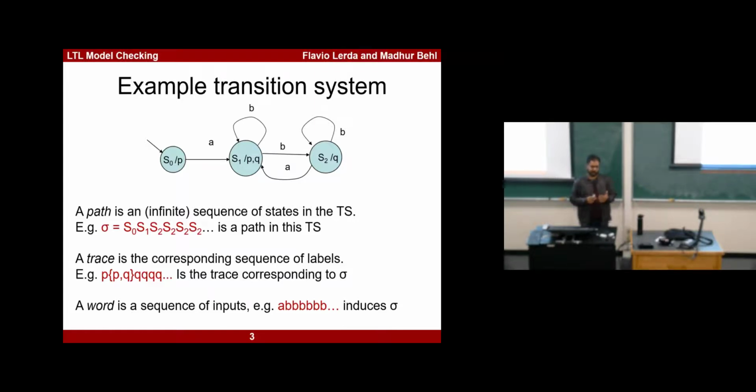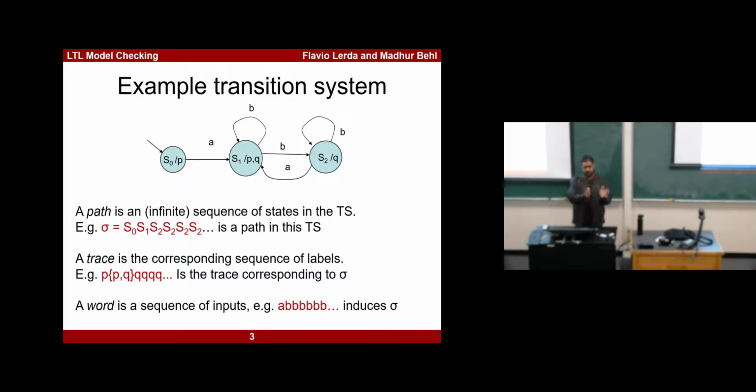So we had more definitions of what a path is. A path is just an infinite sequence of states. And so what induces a path? If you get inputs from outside of this transition system, so the A, B, Cs of your figure, this set of inputs is called a word, or a sequence of inputs, because inputs themselves are sometimes called alphabets.